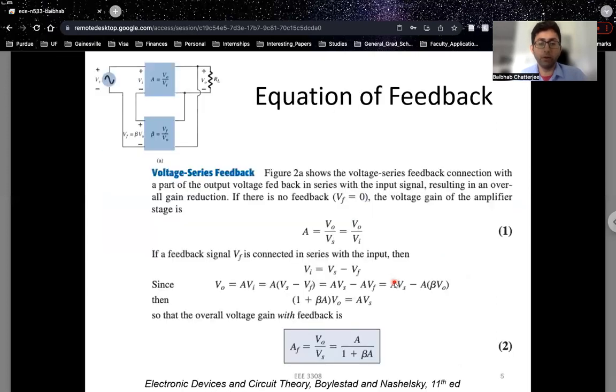Now, the very important thing to remember here is that, for example, if you have a voltage series feedback, your original gain gets divided by a factor of 1 plus A beta. And with this equation in mind, we'll start discussing the next section of our course, which is basically amplifiers with feedback.